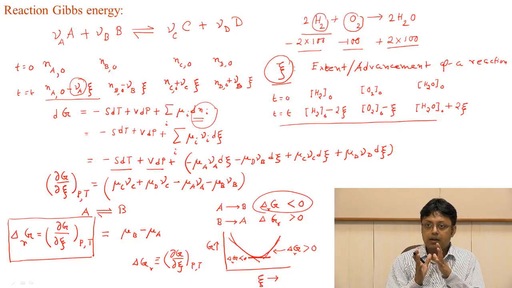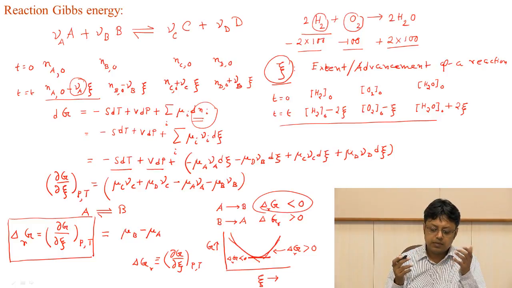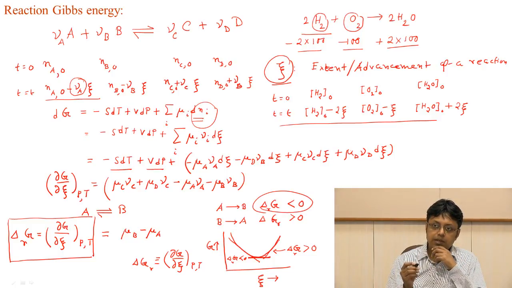Now delta RG greater than 0 or less than 0, those are basically two sides of the total Gibbs free energy, one is a downhill, negative slope, and one is a positive slope. And when equilibrium is attained, we know that the change in Gibbs free energy must be 0, because you can see that the slope is flat, parallel to the x-axis. So at that point the delta RG is 0.